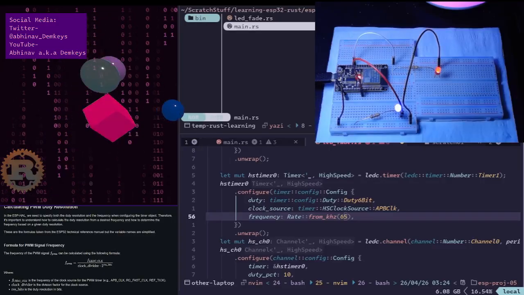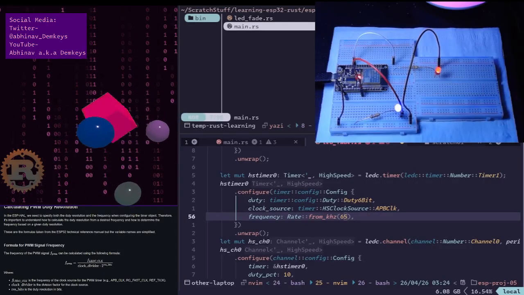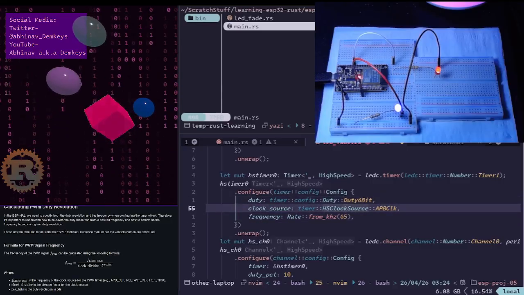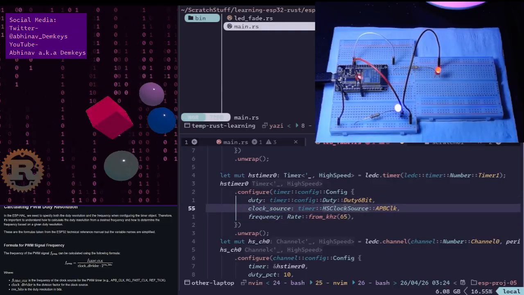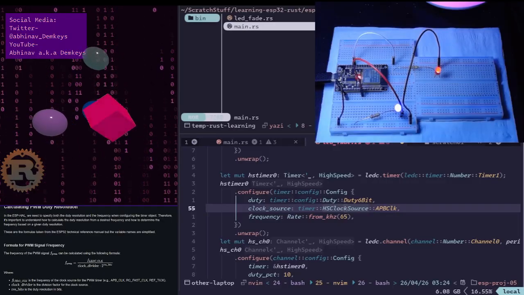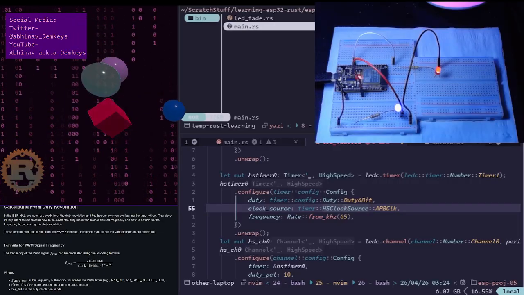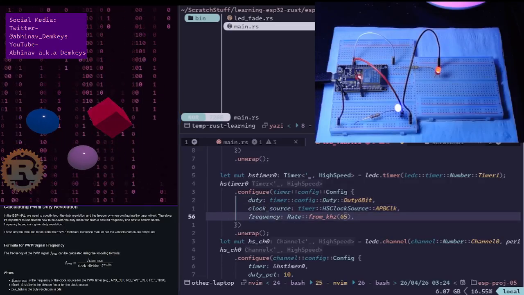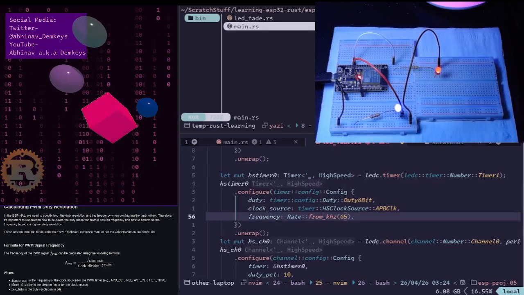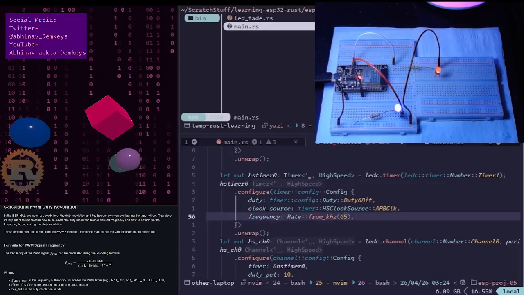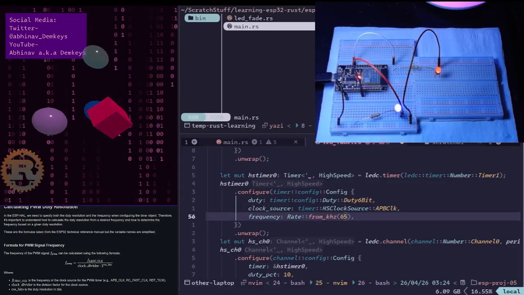So I understand that the highest frequency that you can set is going to depend on the duty resolution that you have set. So 6 bits gives you a maximum of 64. And that's why if you set it to 64 kilohertz, so 64,000, that's why if I set it to 65 kilohertz, now it's just stuck in this weird state.